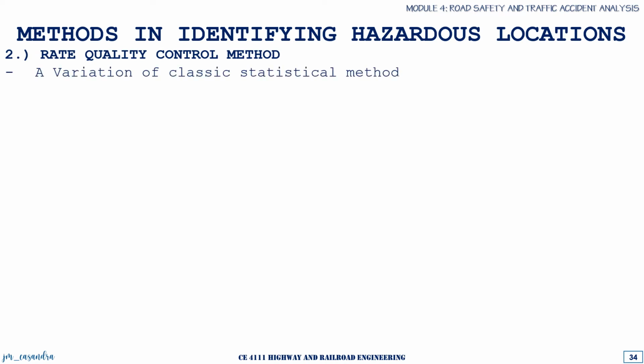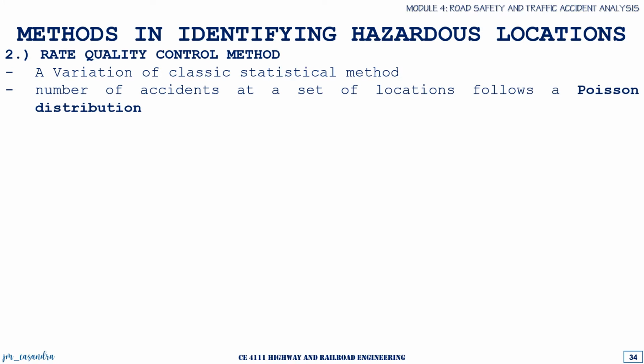Okay. So next we have the rate quality control method, which is simply a variation of the classical statistical method. So in here, instead of following a normal distribution for the number of accidents at our location, the rate quality control will assume that our number of accidents follows a Poisson distribution.